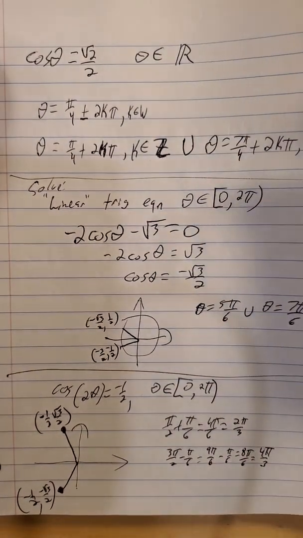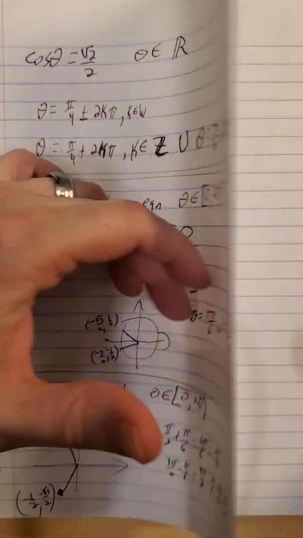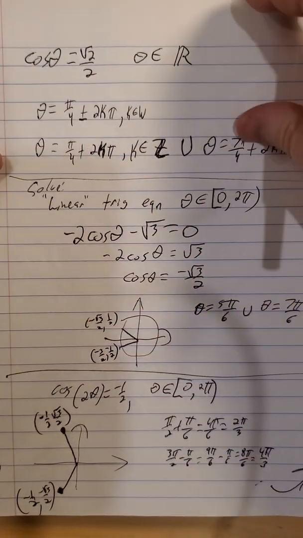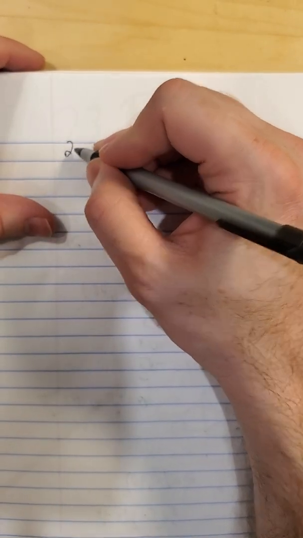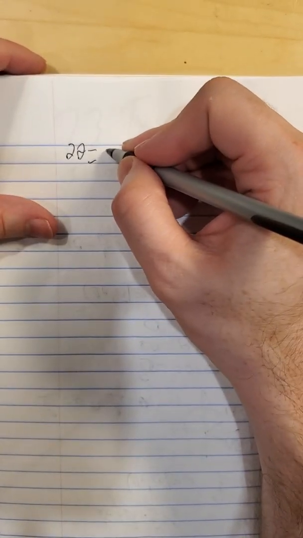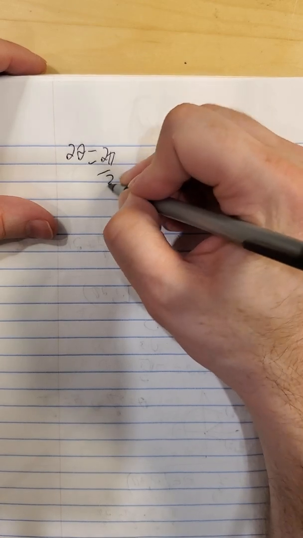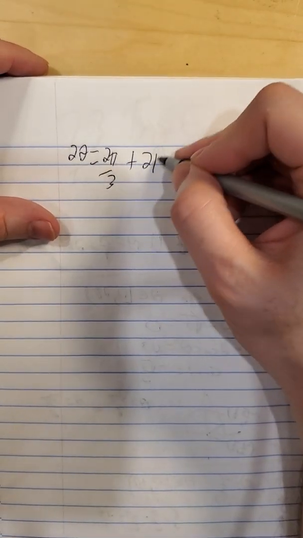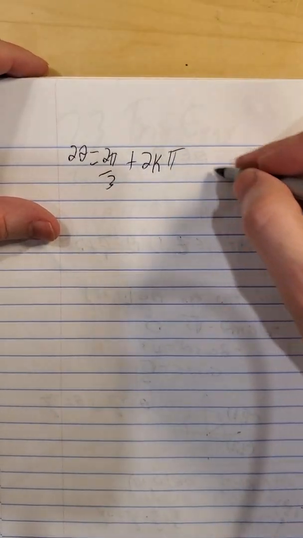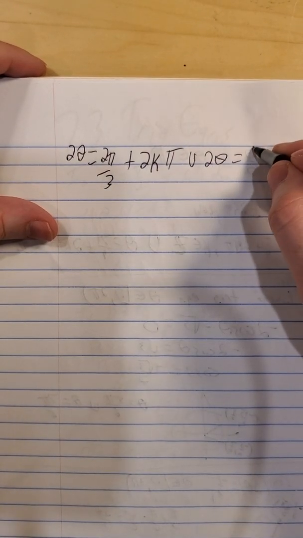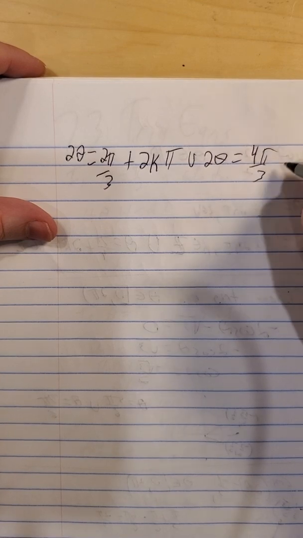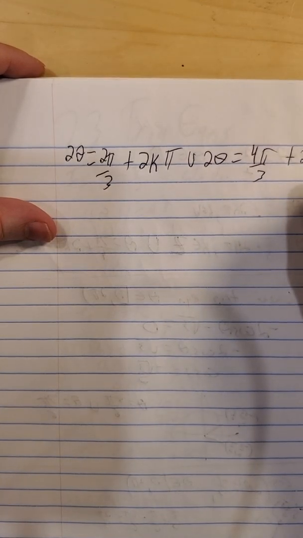Now we put it to work for us, though. We're going to continue this one on the next page. That was if we just had theta, though, but we really have 2 theta. 2 theta is equal to 2 pi over 3, and we can do the general plus 2k pi. Or 2 theta is 4 pi over 3 plus 2k pi.